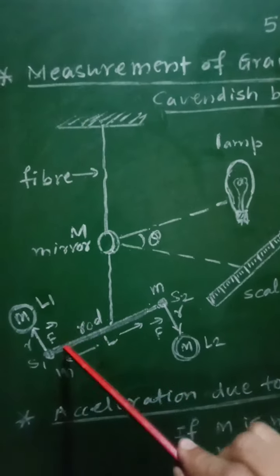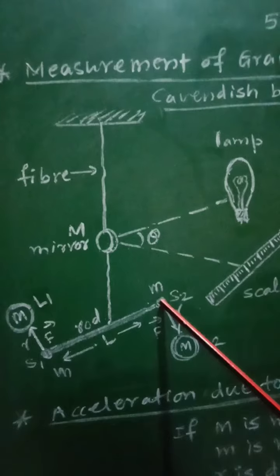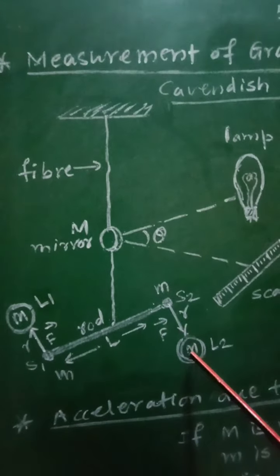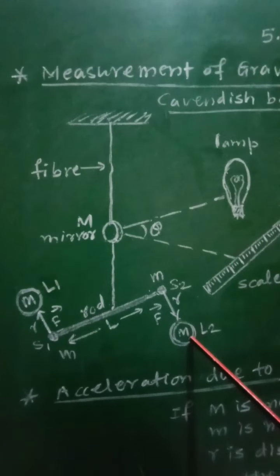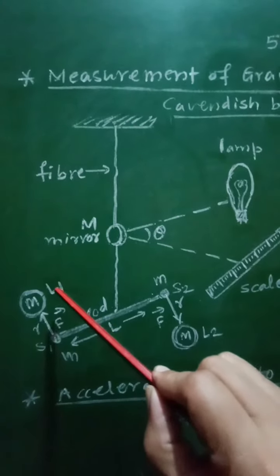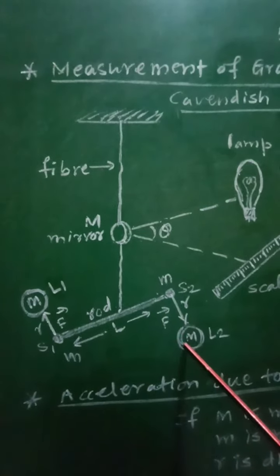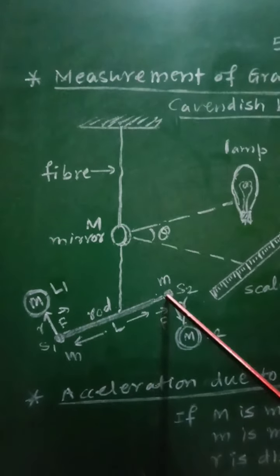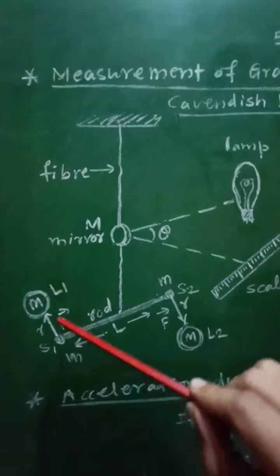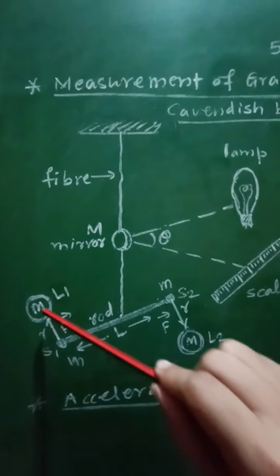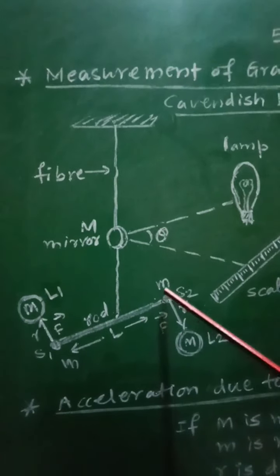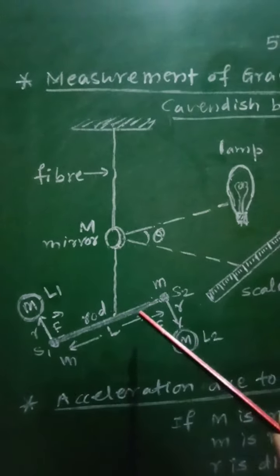Then close to these small masses, two spheres having their masses again equal, that is M, that is the two spheres L1 and L2, will be placed at distances r from these small spheres so that the forces will be acting between these large and small spheres at the two ends of this rod.